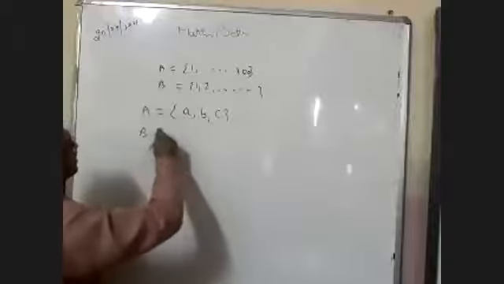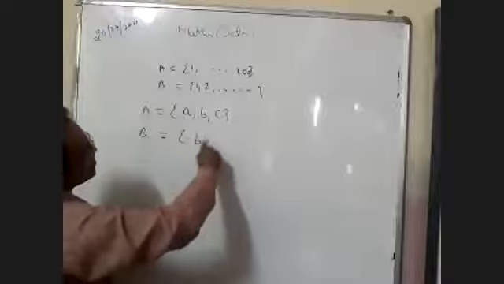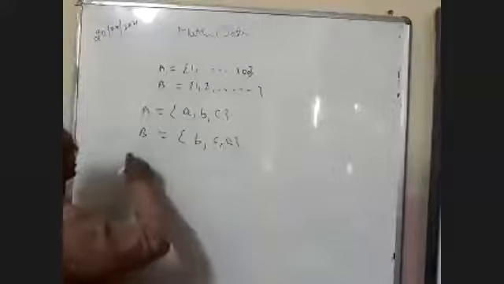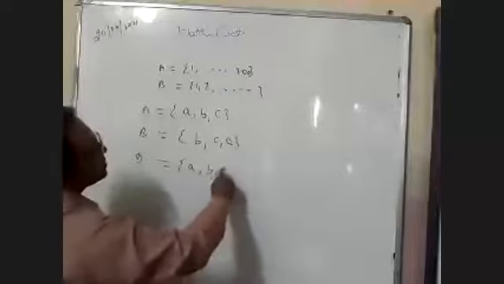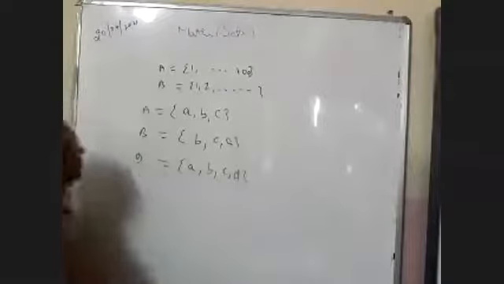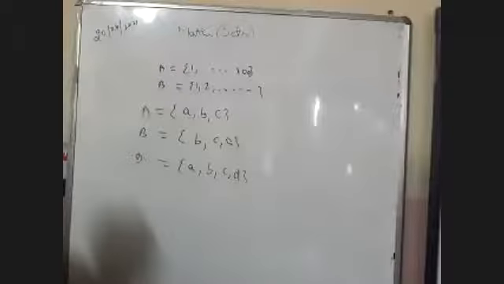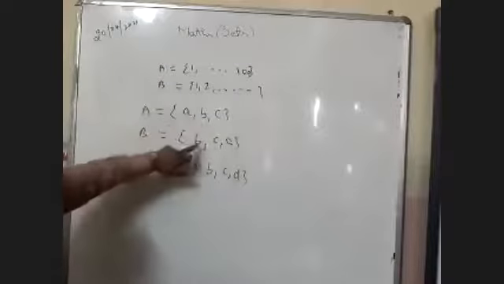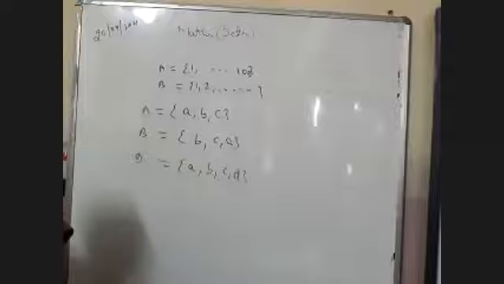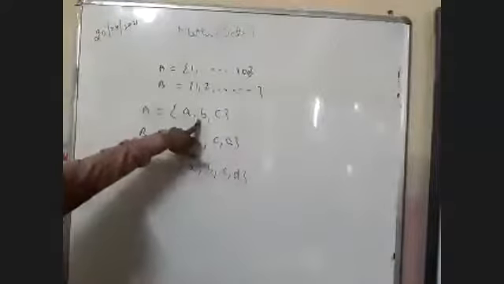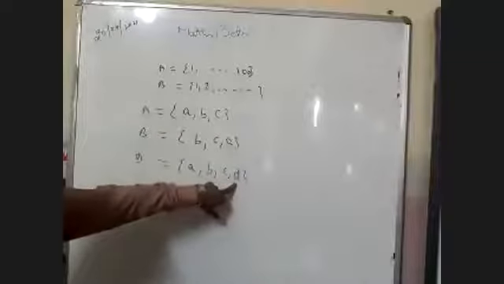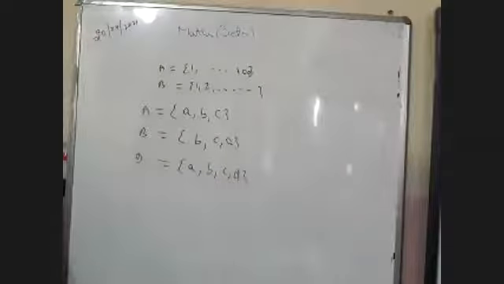Another set we have taken whose elements are B, C, A. And another set I have taken whose elements are A, B, C and D. ठीक है? यहाँ पर we are observing that we are taking the element A, B, C, but order is different in set B. And in D, we have taken the same order according to set A, but we have taken some extra element also, that is D. ठीक है, so here we can say that set A and B are equal set.